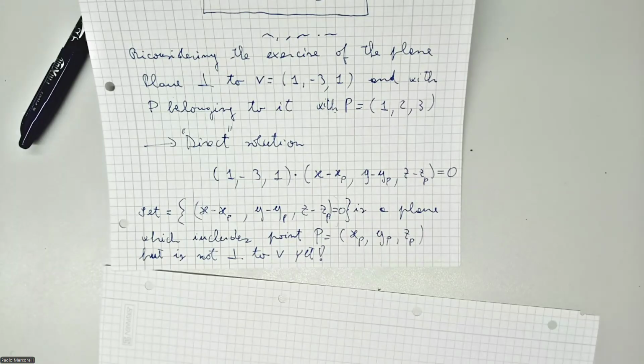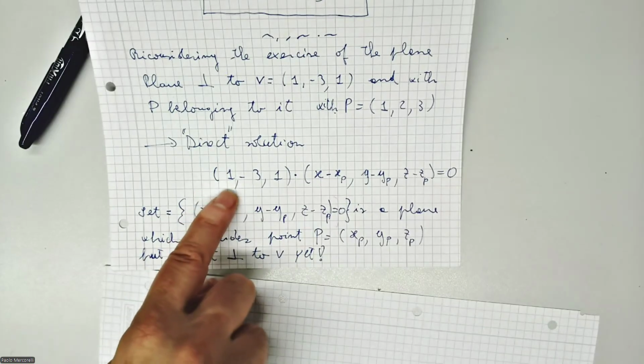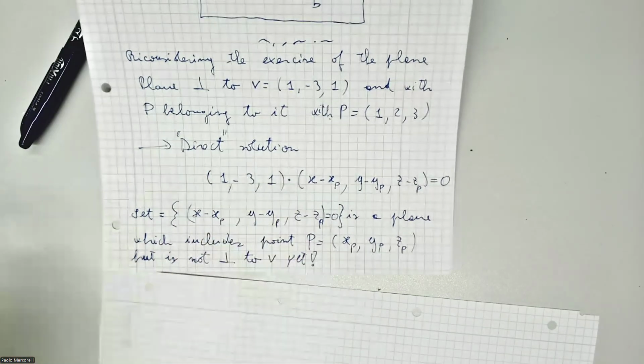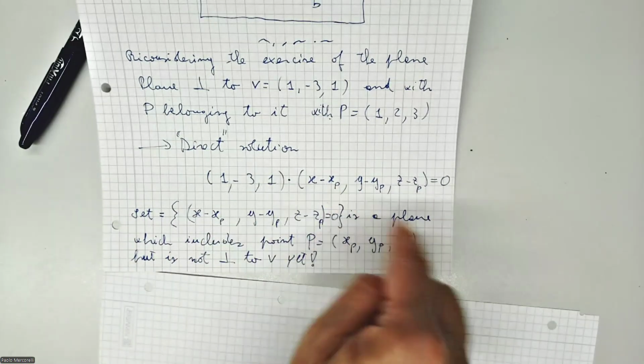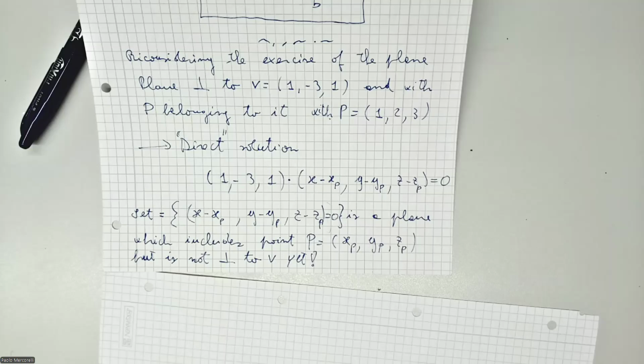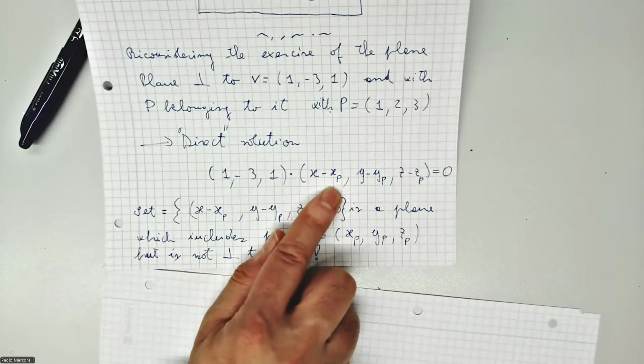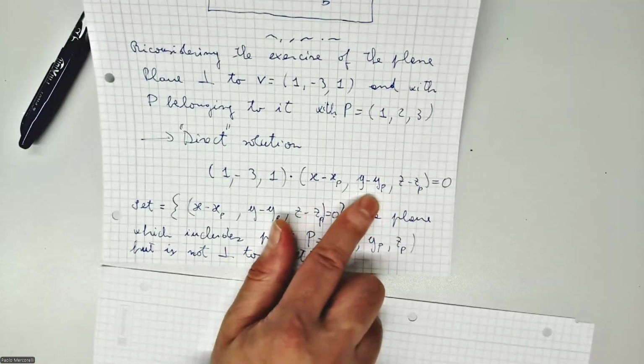I put my plane somewhere. Where? In the point P, because the point P satisfies this condition here. This means the vector 1, minus 3, 1 is orthogonal to the set, but is orthogonal to all parallel sets. This means for each xp, yp, and zp.